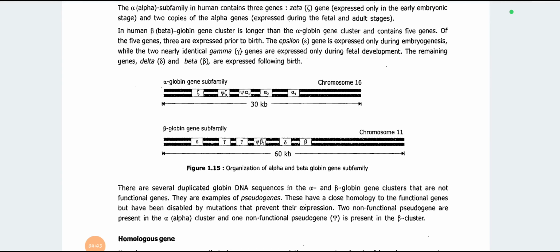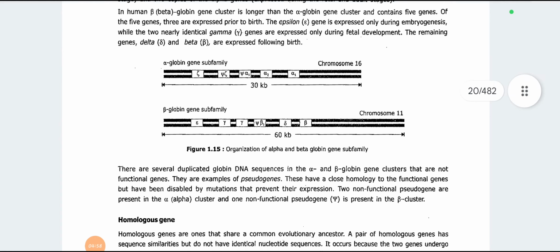So before birth, alpha is not expressed in the same way. In the embryonic, fetal and adult stages, zeta and alpha are expressed, but in the case of beta, it is epsilon during embryogenesis and gamma during fetal development that are expressed before birth. The remaining genes, delta and beta, are expressed following birth.